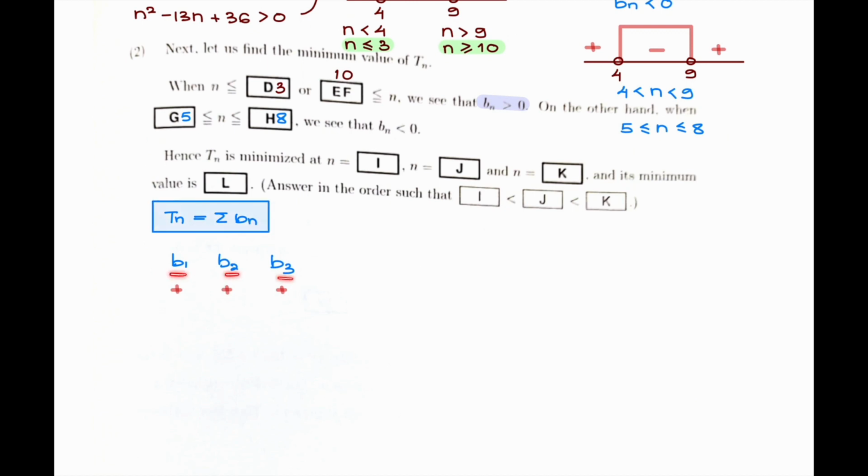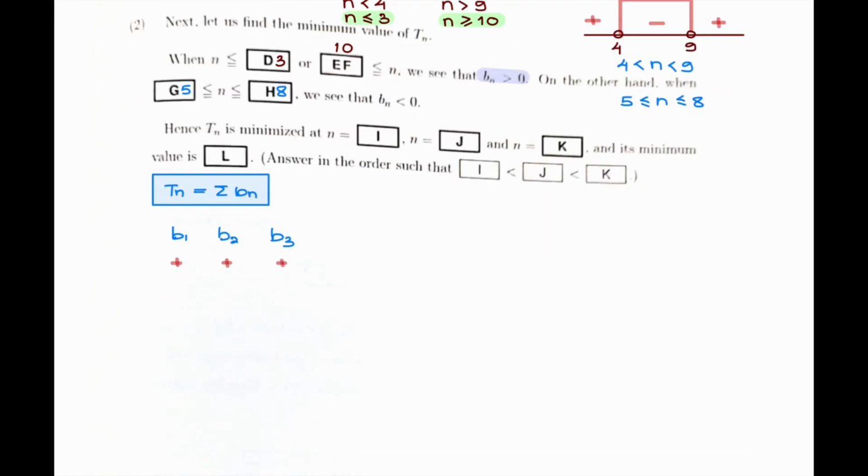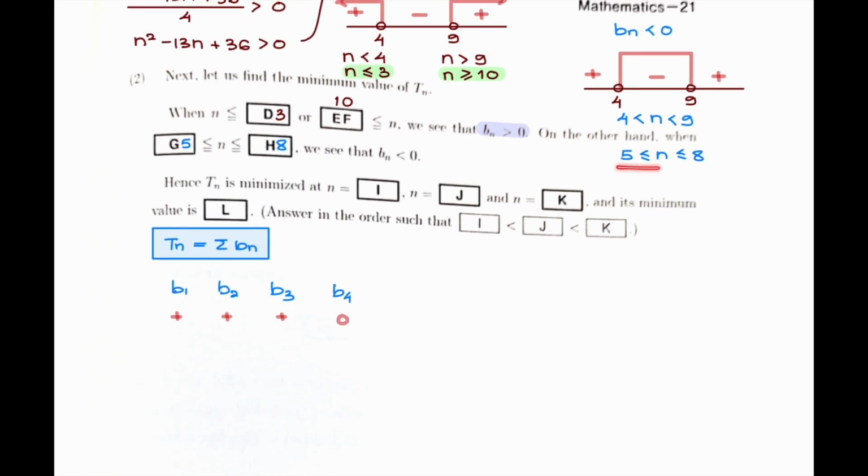B1, B2, B3 is a positive number. B4 is 0 because n equals to 4 is the critical value. And then B5 until B8 are negative numbers. B5, B6, B7, B8, these are all negative numbers.